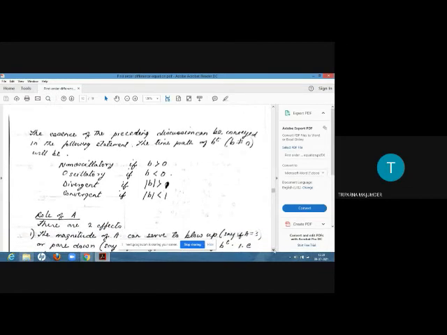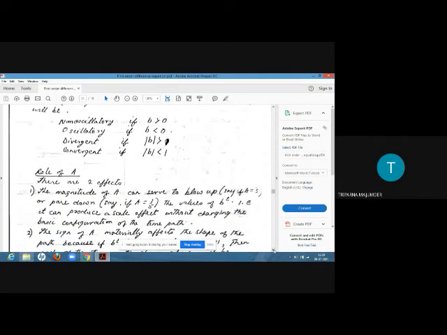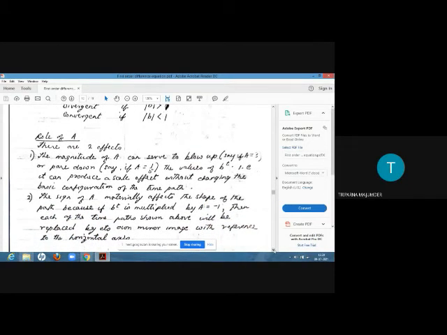Now we come to the role of A. While discussing the nature of b to the power t, and how it affects the time path, we assumed that A is equal to 1. Now we remove this assumption and find the role of A. There are two effects that A can have on the time path.